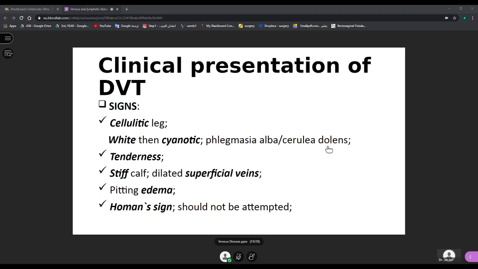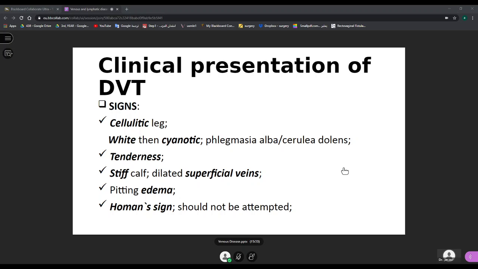Oxygen will be extracted from it, and this will result in some cyanosis, just like when you get cyanosis from decreased blood flow to any tissue. This cyanotic color is known as phlegmasia caerulea dolens. So the primary problem here is that the venous congestion will impede the arterial blood flow into the lower limb, resulting in this white color and then cyanotic color.